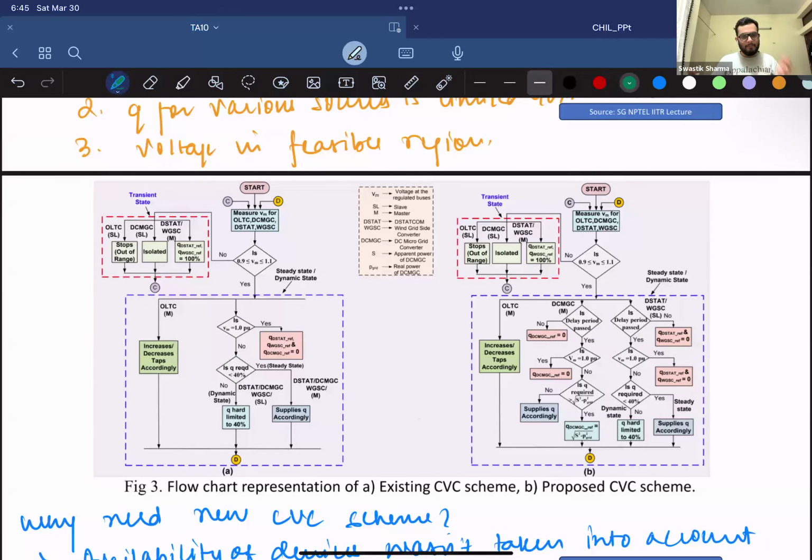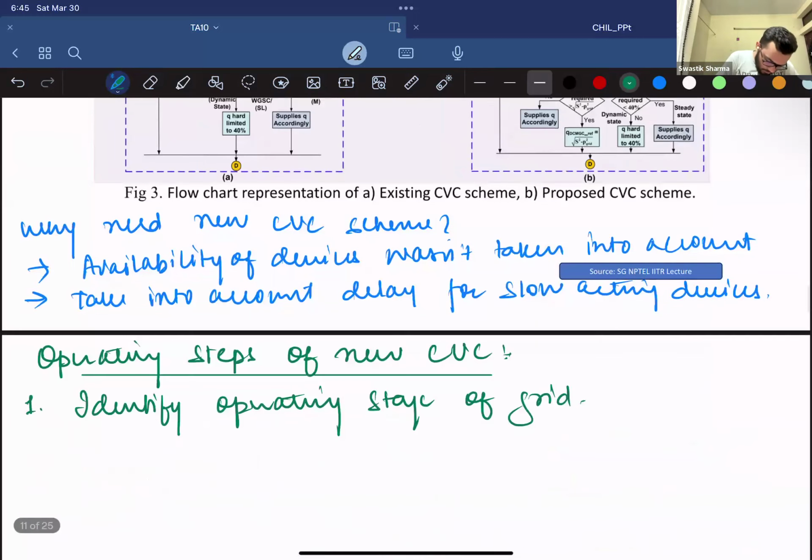What if you start pumping power when it doesn't require help, right? So you first identify the grid stage, which is done in this block. You check the status of your grid. That is the first thing that you do.